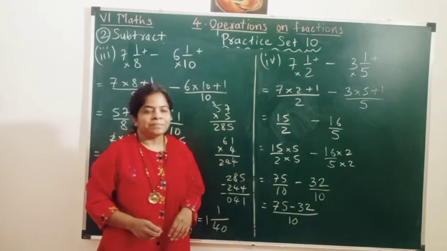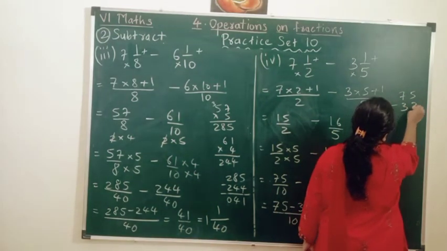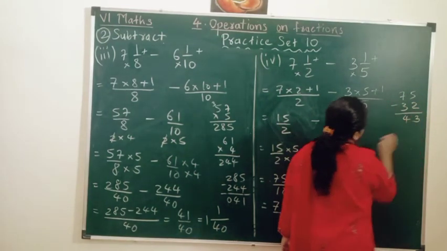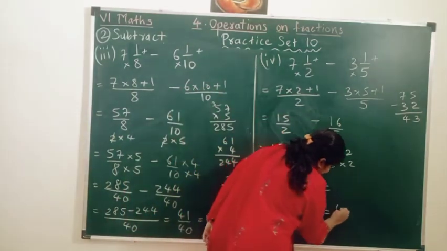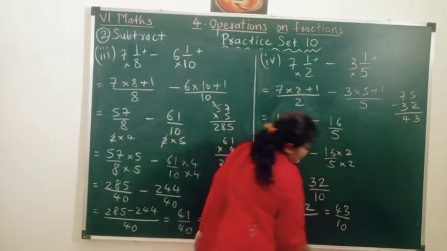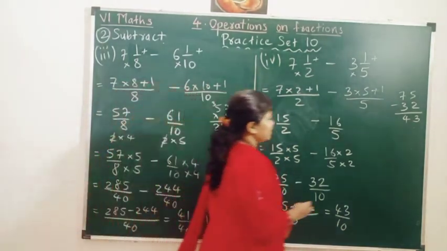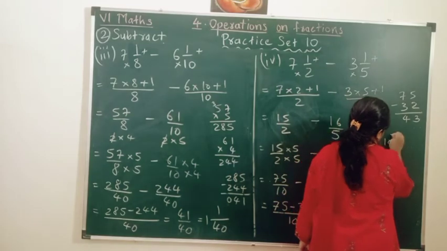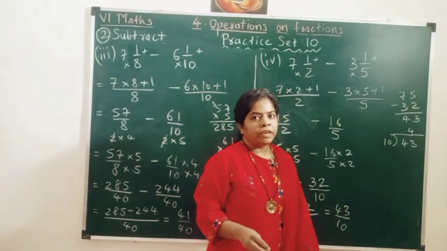We'll subtract them. 43. Let's convert this into a mixed fraction. 10 4s are 40.